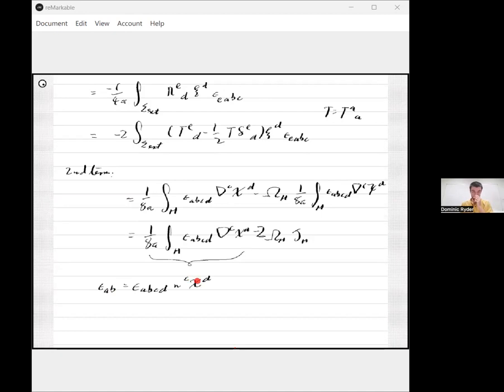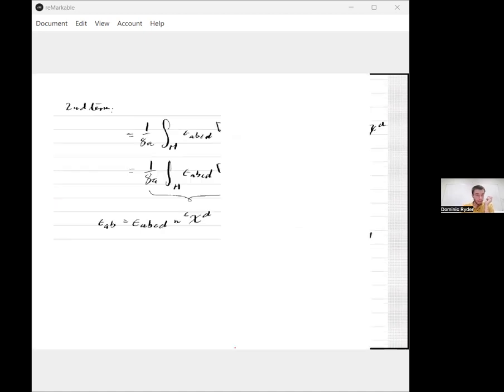N is tangent to the future directed null curves normal to H, and chi is our generator of the horizon, to which it's normal.